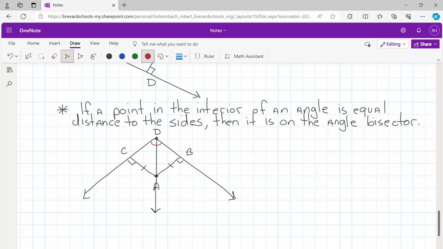So if you look at page 327, example 3C. Let's say you're given AC as 3x plus 5, and AB is 6x minus 7, and you need to find AB.